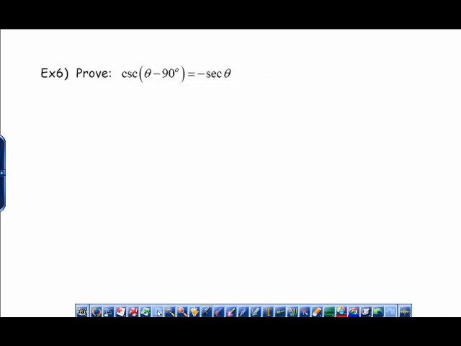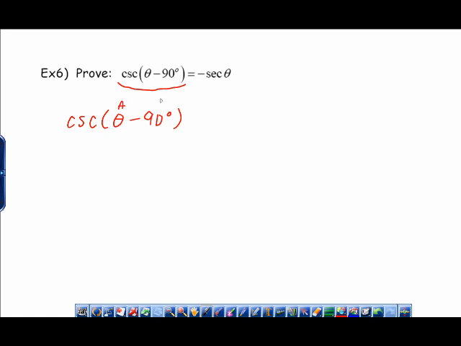All right, example 6 is another one. I don't have a cosecant difference property, but I have a sine. So let's first just go ahead and write this down. I know this is the side I'm going to start with.